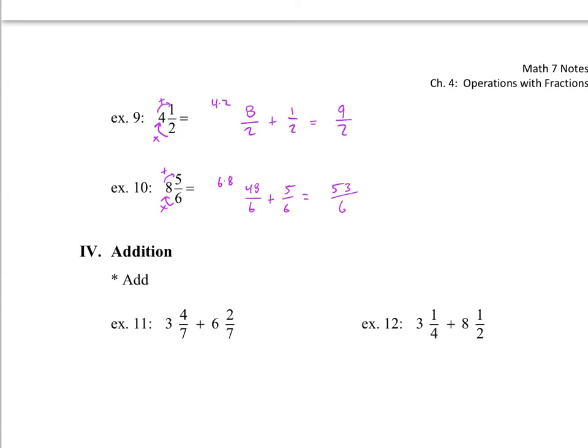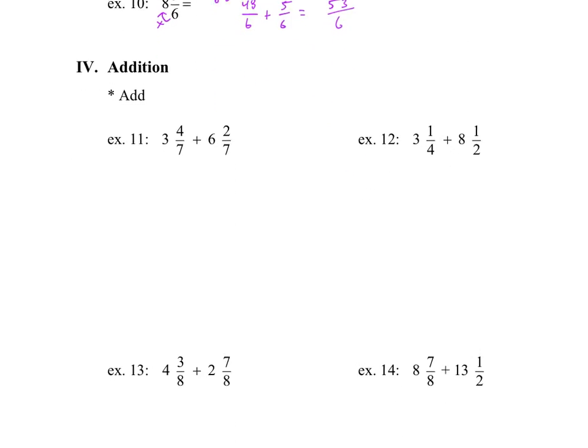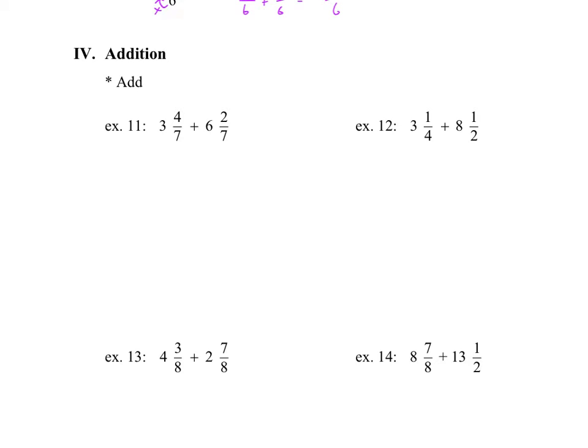Now we're going to work on adding them and subtracting them. When we add mixed numbers, we want to add the integer, which is the whole number, in the beginning.